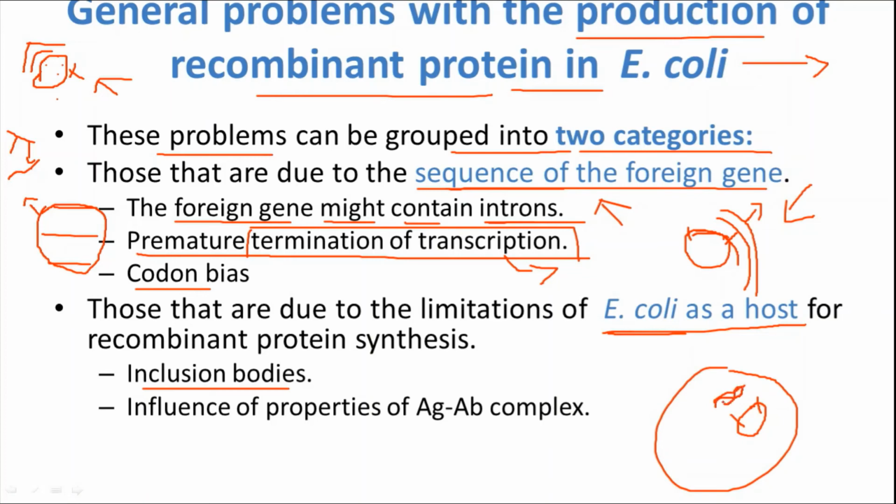Either protein is formed, but functionless proteins are formed. These proteins are finally aggregated within the cells. The aggregated form of this cloned gene expression is called inclusion bodies.